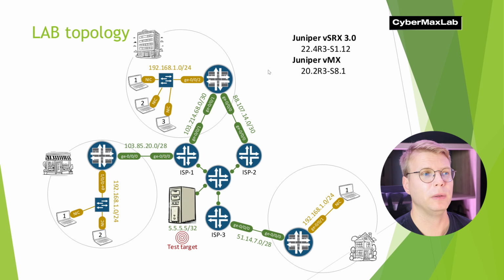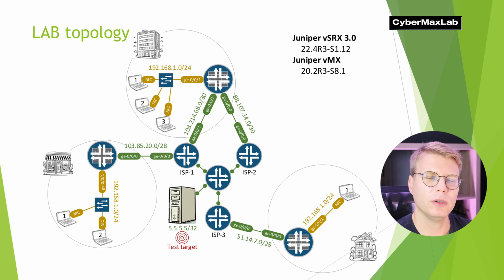Here you can see a lab topology, which we'll be talking about in this video series. There are 3 videos in this series, and they focus on different scale and different types of deployment where Source NAT is being used. One is a low scale, home office or small business.